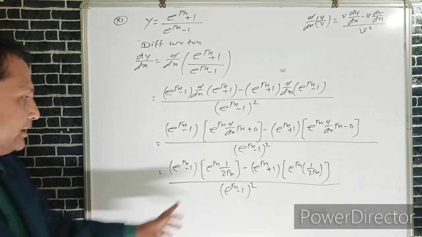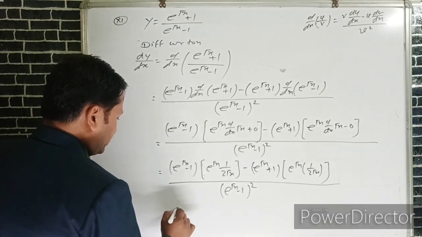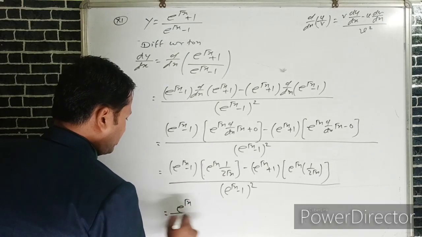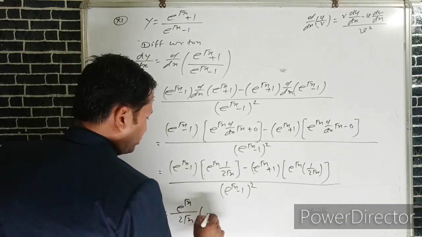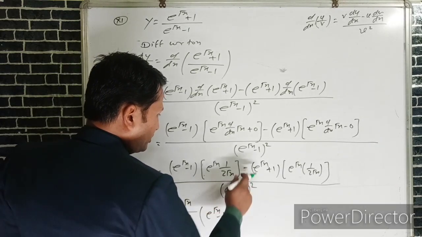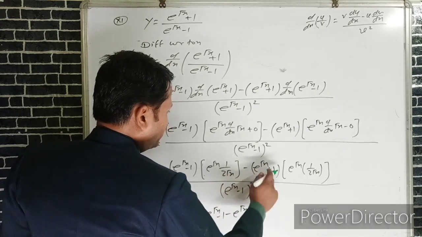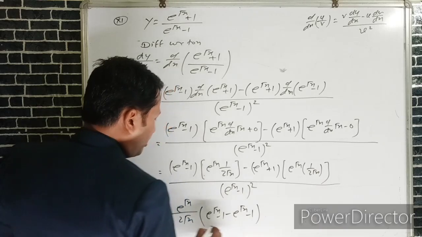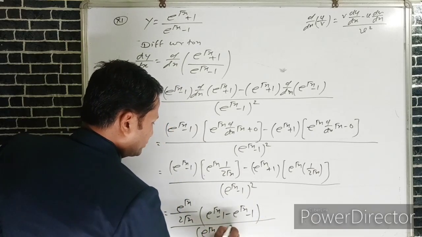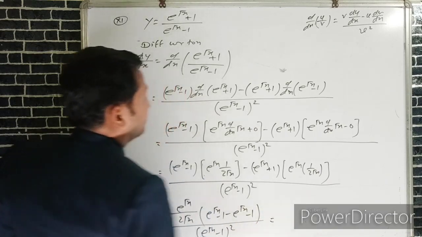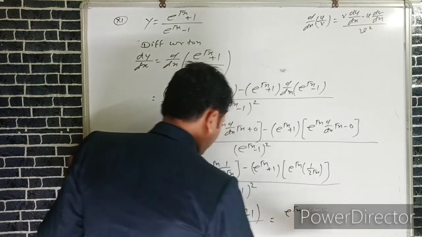If we take e to the power root x upon 2 root x common from both terms, we can write e to the power root x upon 2 root x into e to the power root x minus 1 minus e to the power root x minus 1 upon e to the power root x minus 1 whole bracket square.